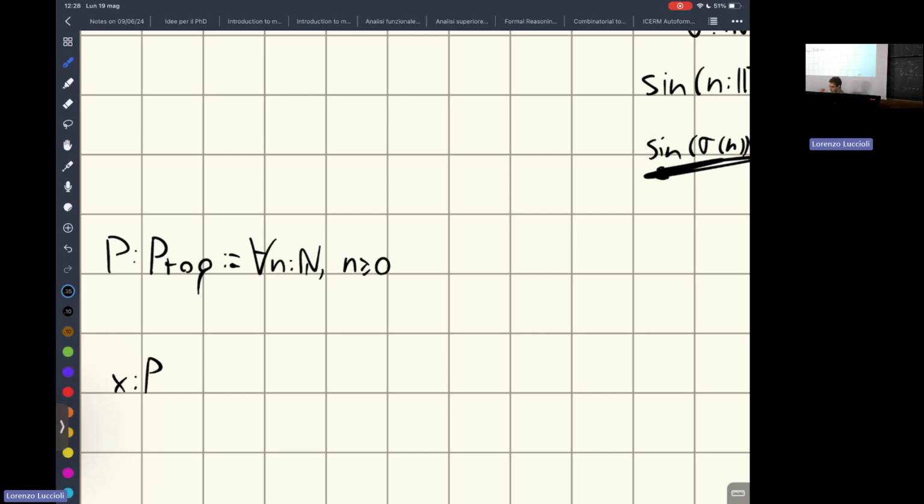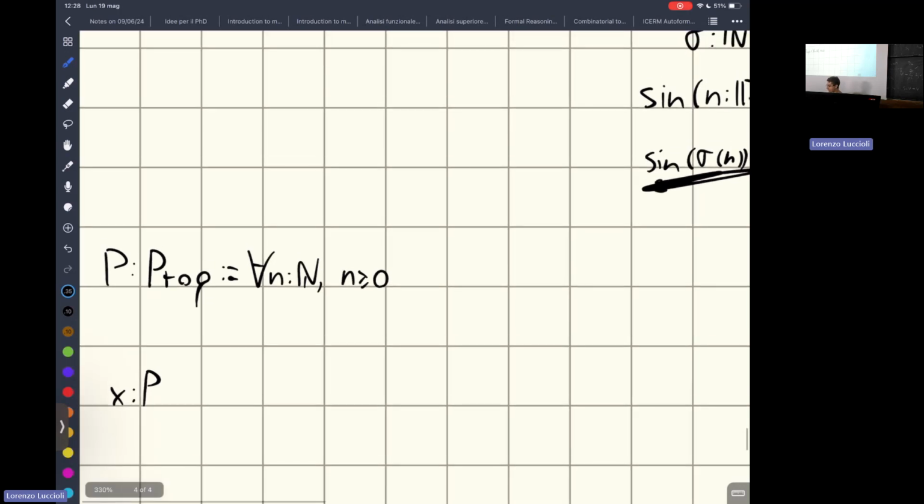And that's a very cool way of seeing mathematics. I think that's very nice, because x in this case is a proof of P. So elements of type P are proofs of that proposition. So x will be a sequence of steps, for example, that proves that for every n, which is a natural number, n will be greater or equal than 0.